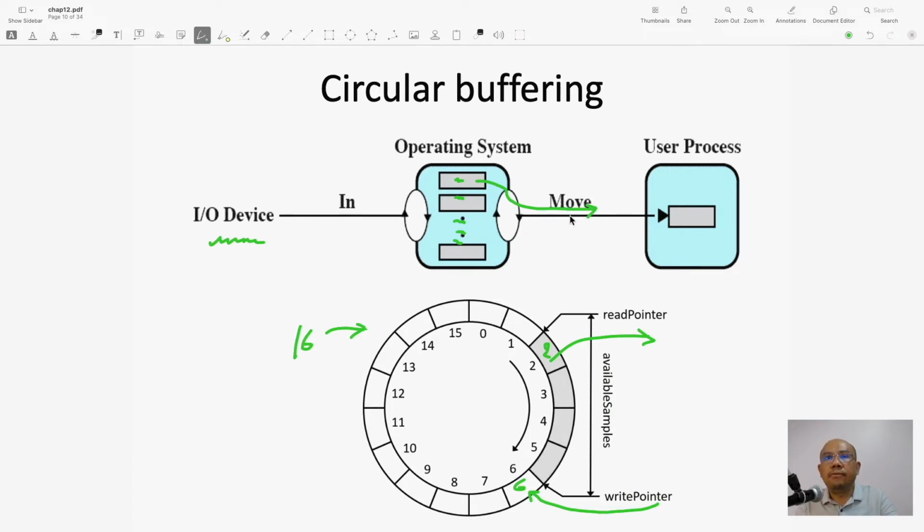Circular buffering is used in some hardware that has different speeds for reading and writing. For example, this hardware writes and stops, writes and stops, not continuous, but this device reads the data quickly. So for the different speeds in and out, you can use this concept.